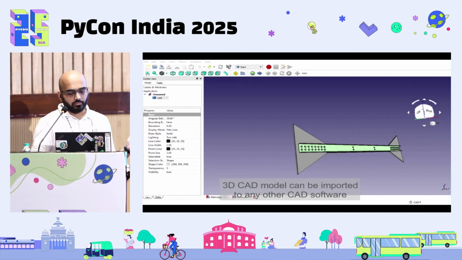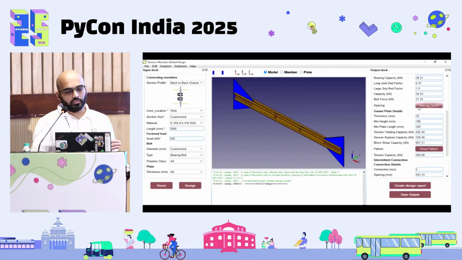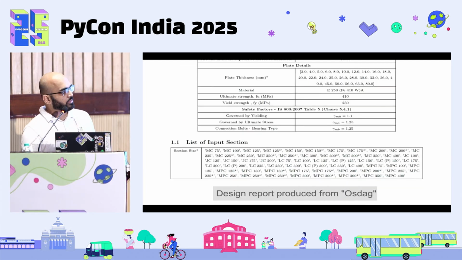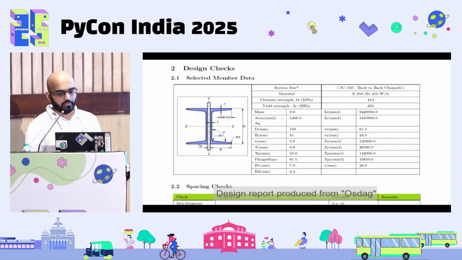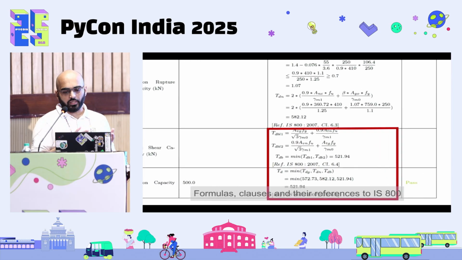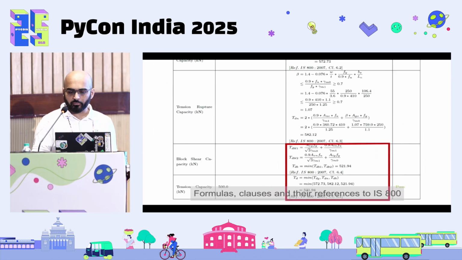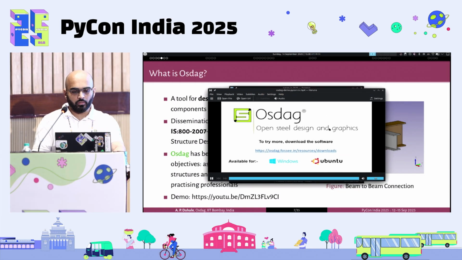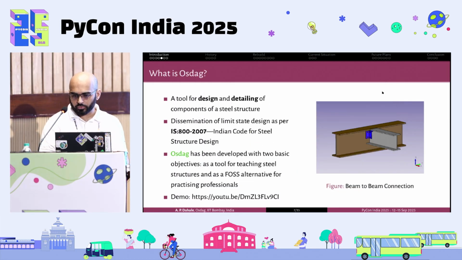You give the inputs, it will check against values, and it will give the outputs. It can also provide very detailed reports of what all conditions have been satisfied and what all conditions have failed. So I'll close this. Okay.